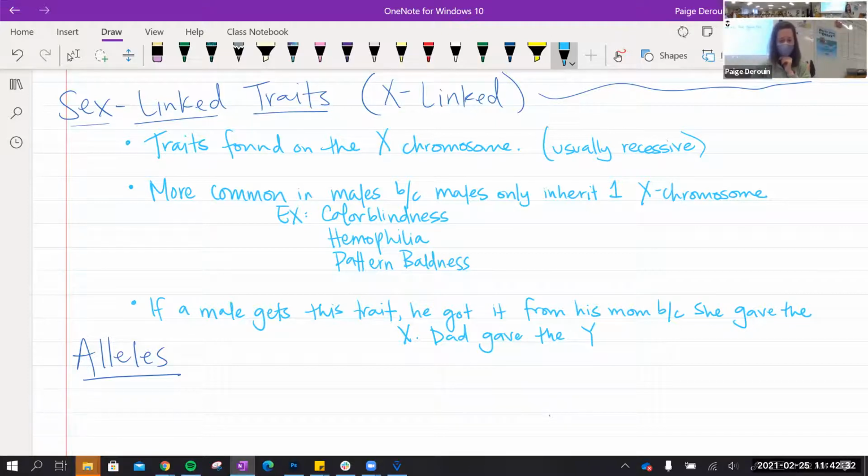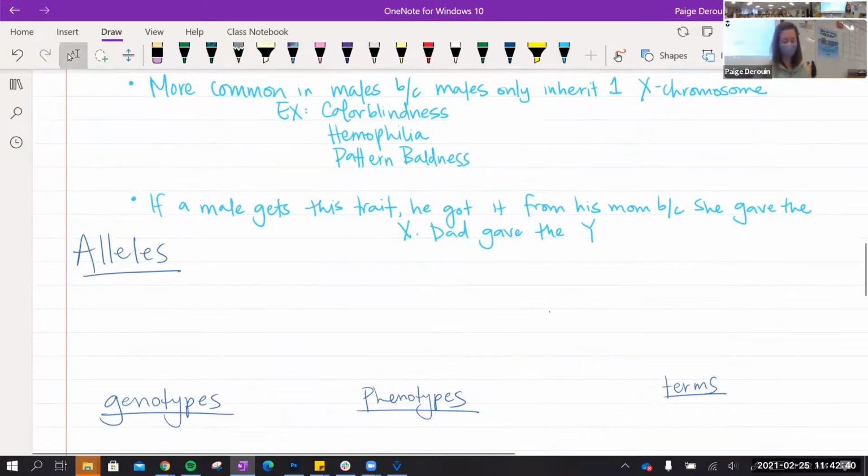All right, now let's talk about our alleles for this. I'm gonna do color blindness as our example, but it could represent anything. Color blindness is recessive. So for this situation, we're gonna use X's and Y's because it's X-linked. So you have 3 options again.